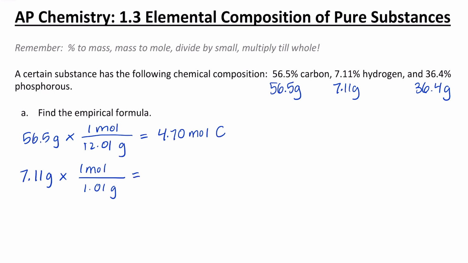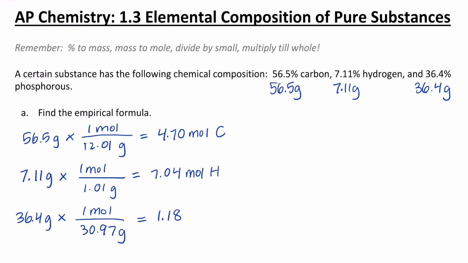That will give us 7.04 moles of hydrogen. And for phosphorus, 36.4 grams times 1 mole of phosphorus over 30.97 grams. That would give us 1.18 moles of phosphorus.